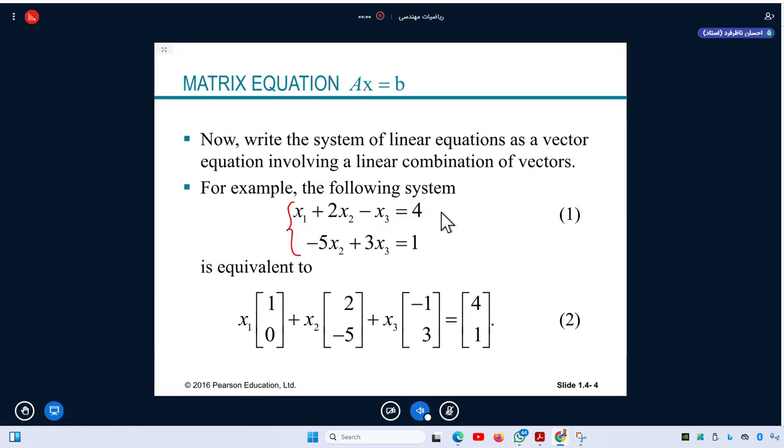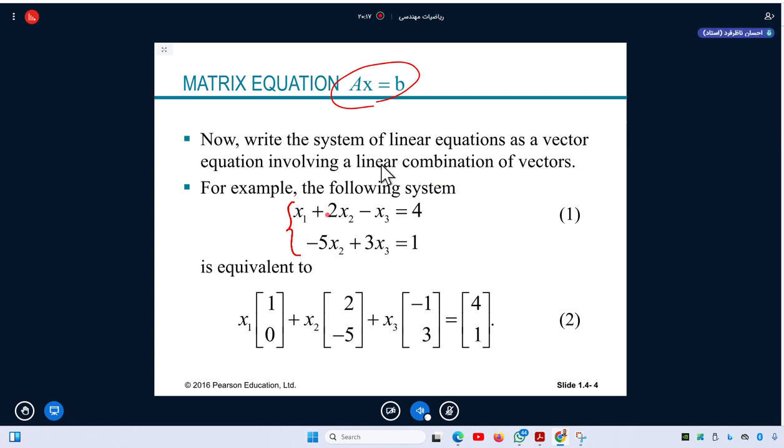This is the notation actually, Ax equals B. So this is called matrix equation, and that was the linear equation, and we would be seeing another one. So all of them actually are different views of the same thing.